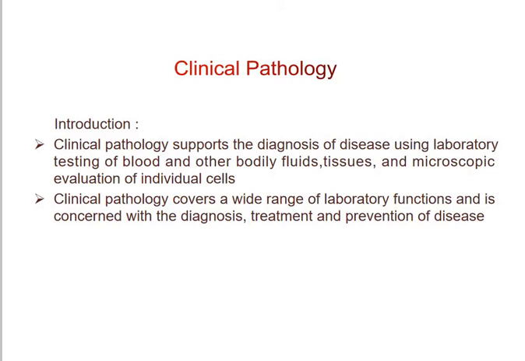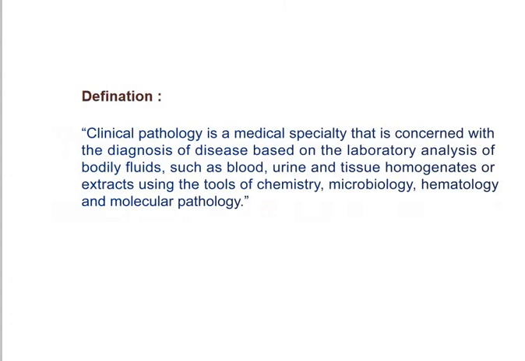Now, this is the general introduction regarding clinical pathology. Now, we discuss here the definition and scope of clinical pathology. So, clinical pathology is defined as a medical specialty that concerns the diagnosis of disease based on the laboratory analysis of bodily fluids such as blood, urine and tissues, homogenates or extracts using the tools of chemistry, microbiology, hematology and molecular pathology.